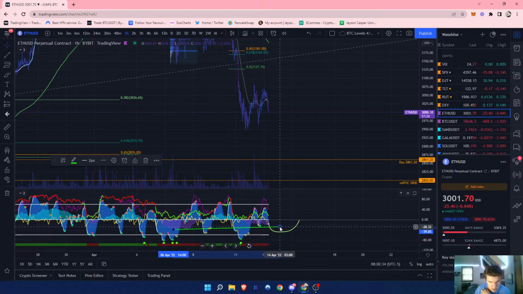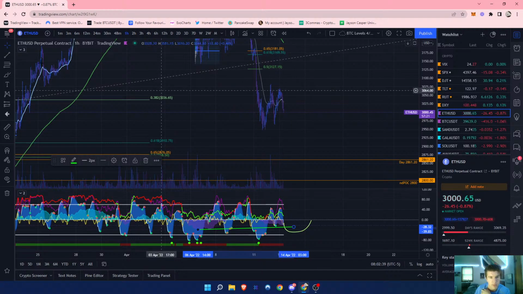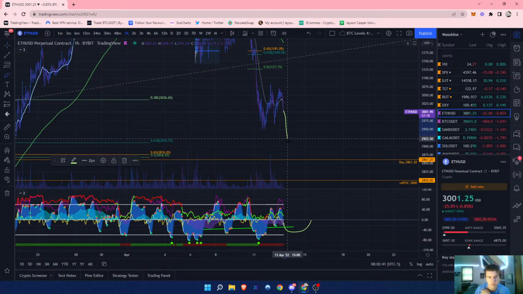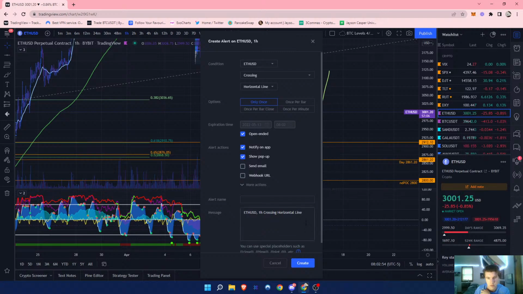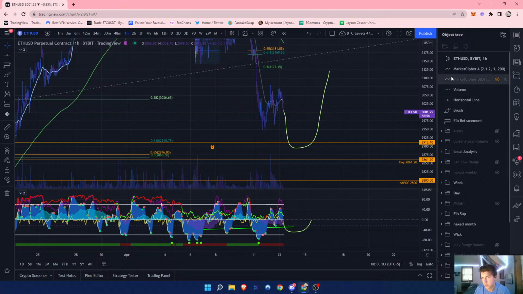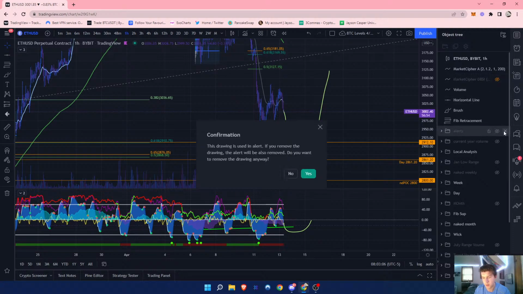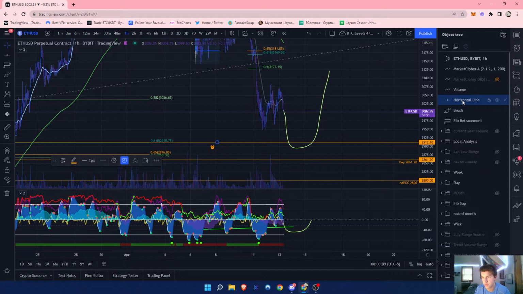So just like that, and you can see money flow coming up over time, as price dumps down into this region right here and then comes back up. So I'm going to add an alert on that. Again, I'm going to delete all my alerts and just start new.